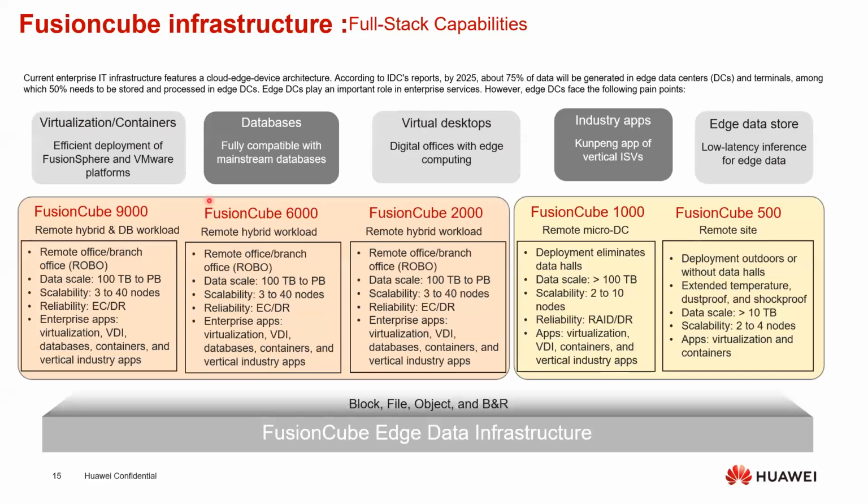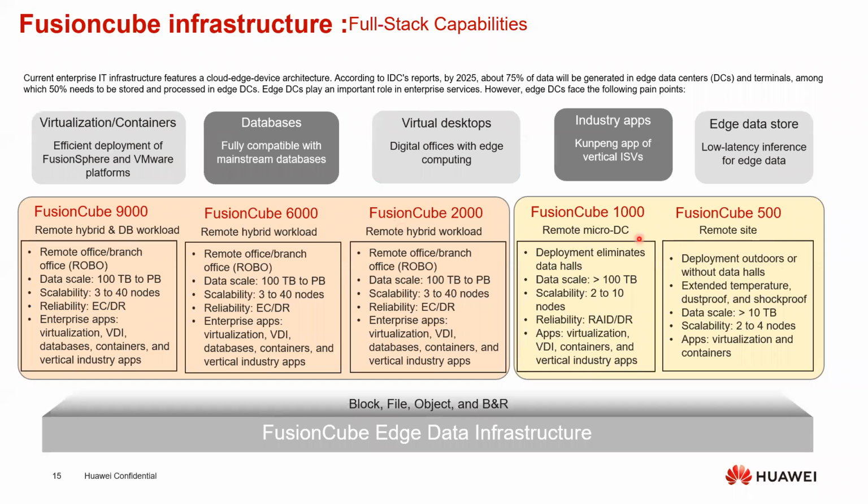Okay, from the product line point of view, after understanding the concept, now we have the products available for customers. We have two categories of products: one is the yellow zone and one is the pink zone.